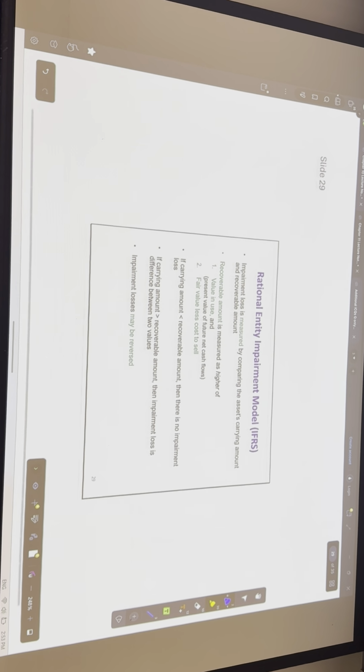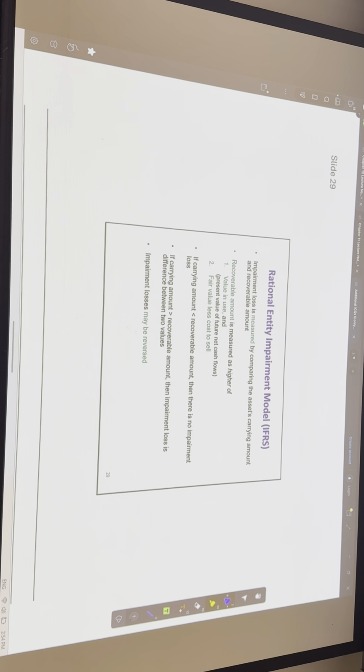Okay? IFRS does it a little bit differently. It's called a rational entity model. The first thing is you must test impairment every year, okay? So number one is testing must be done each year.